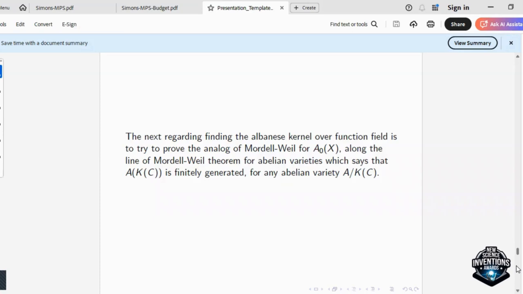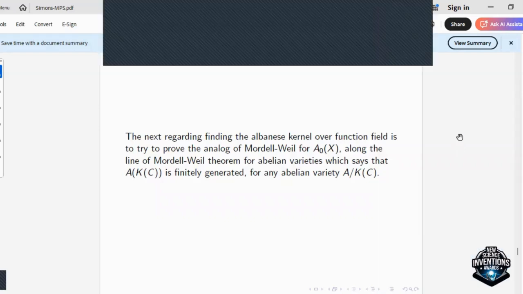It's a dream, but since we have a weak Mordell-Weil, and since there is some notion of heights for zero cycles, we can try to generalize this for the group A0(X). So that is something like a big dream, but at least we have some hopes in this direction.